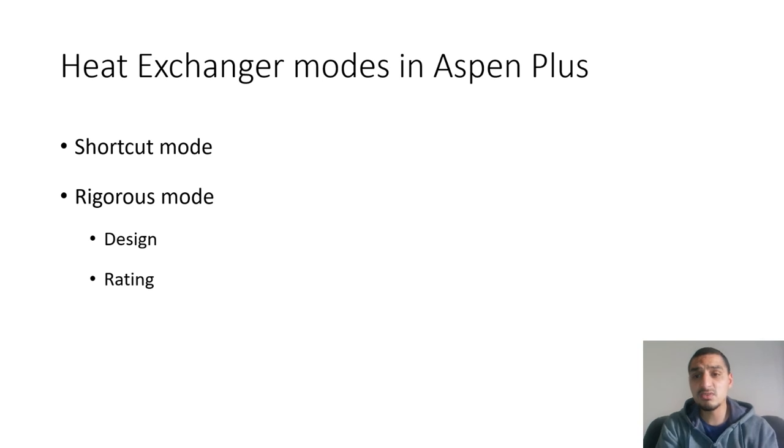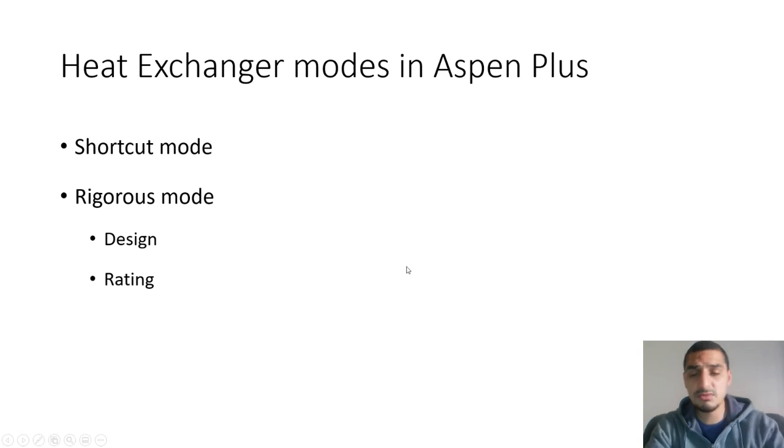It doesn't take into account all the details of the design, like the number of shell passes, number of tube passes, the spacing of the baffles, the pitch, the inside diameter of tubes, and all this information is not taken into account. It just does an energy balance on the heat exchanger so that you know that the heat lost from this side is gained by this side, and that's all.